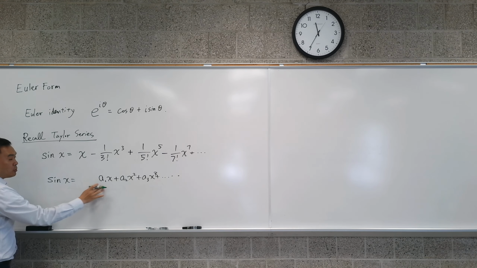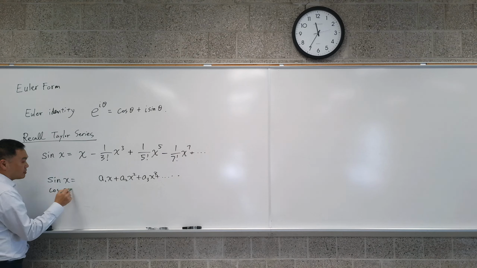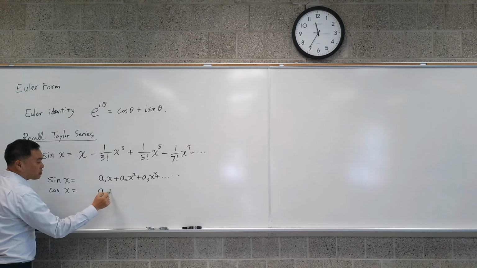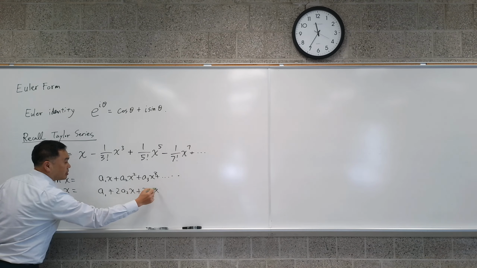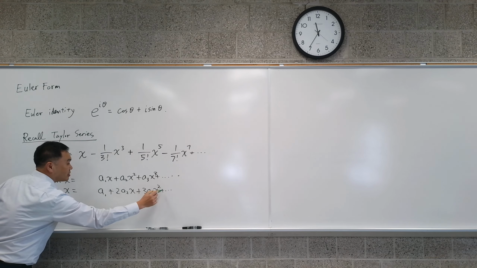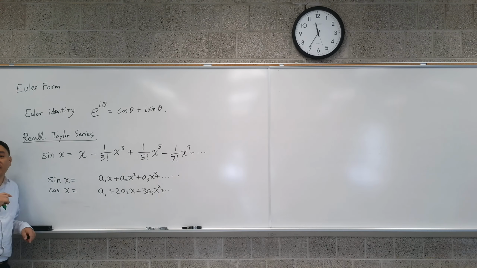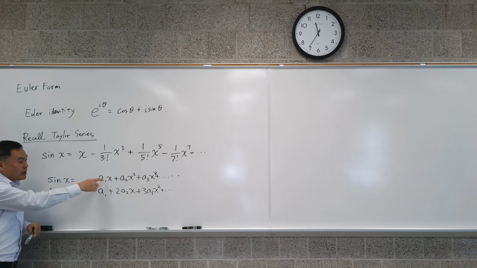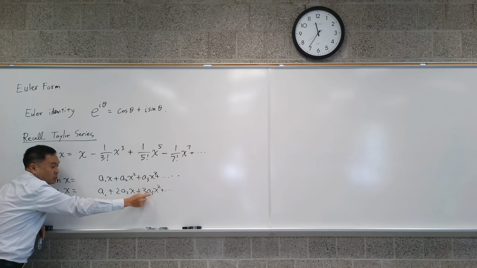Now how do you get a1? You differentiate both sides. Sine differentiates to cosine x, and the right side becomes a1 plus 2a2x plus 3a3x squared and so on, since x differentiates to 1, x squared to 2x, x cubed to 3x squared.